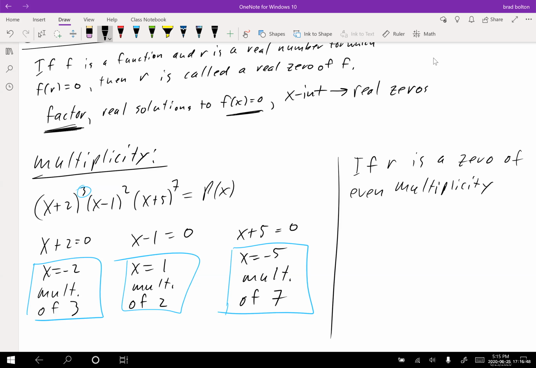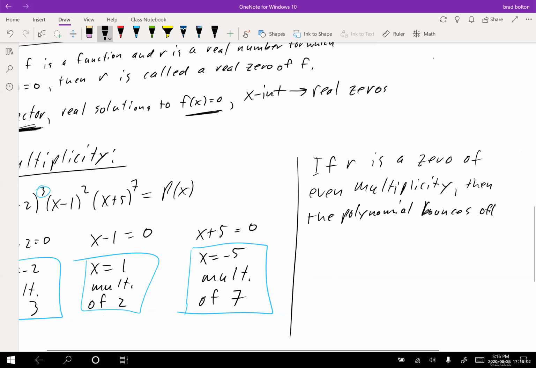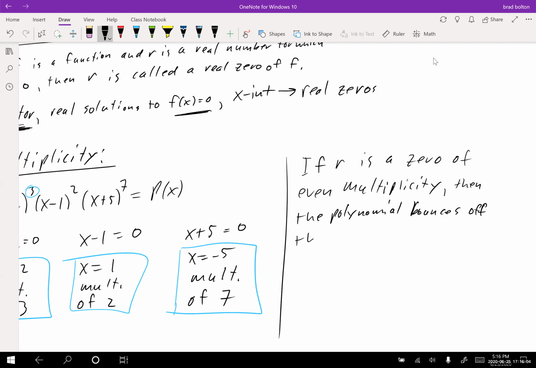Of even multiplicity, then the polynomial bounces off the x-axis, okay?